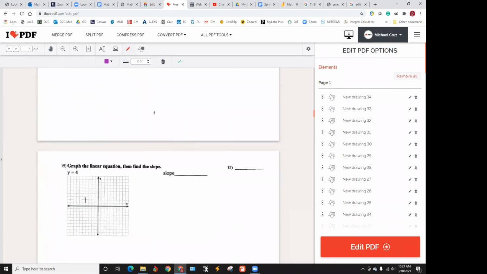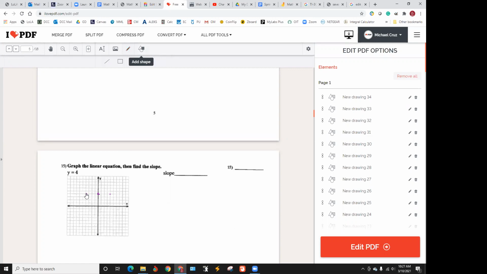And this is the horizontal line. Go up to 1, 2, 3, 4. All right, so that's y is equal to 4.